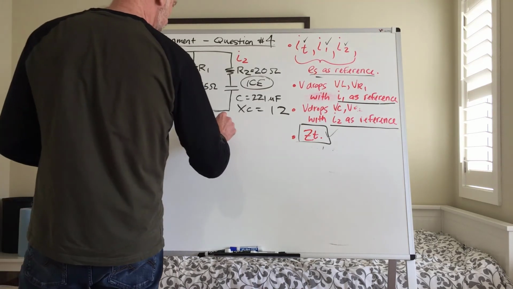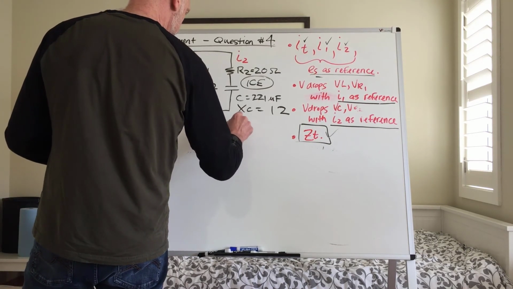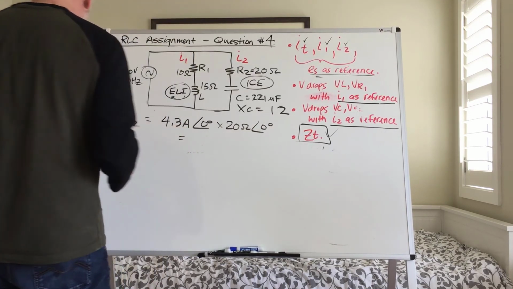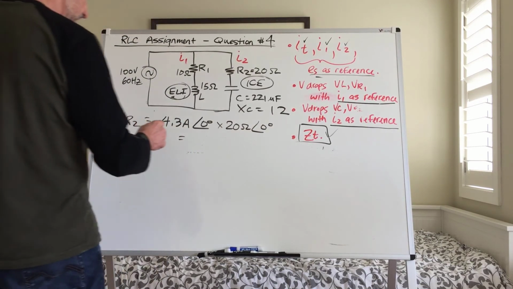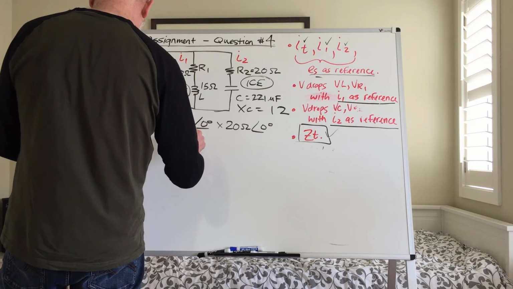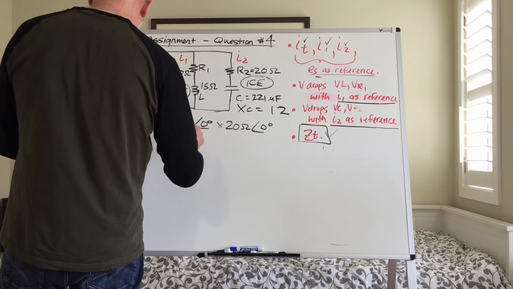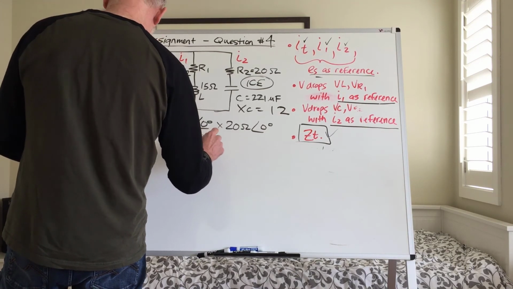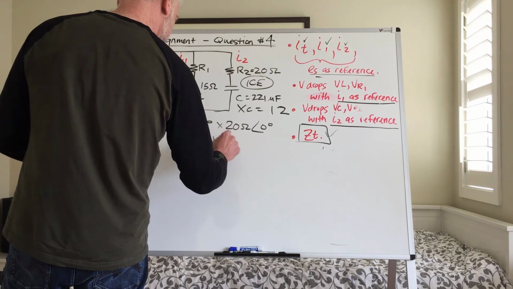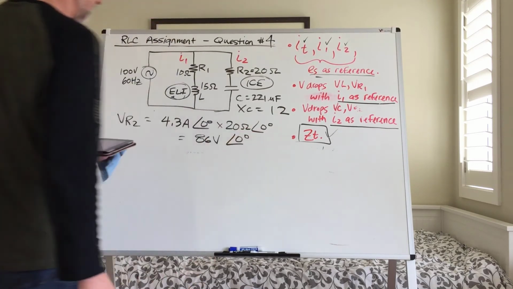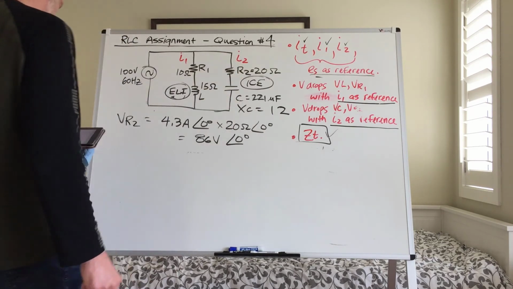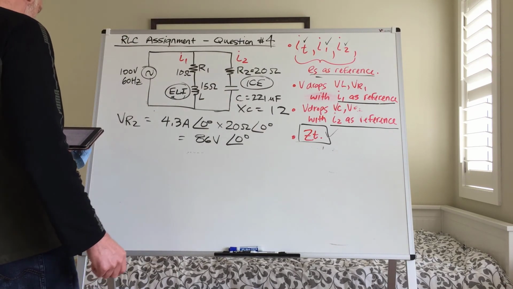And we're going to multiply by 20 ohms at 0 degrees, and that's going to give us 86 volts at 0 degrees, because it's a resistive component. It's going to be right in phase with that I2 current.